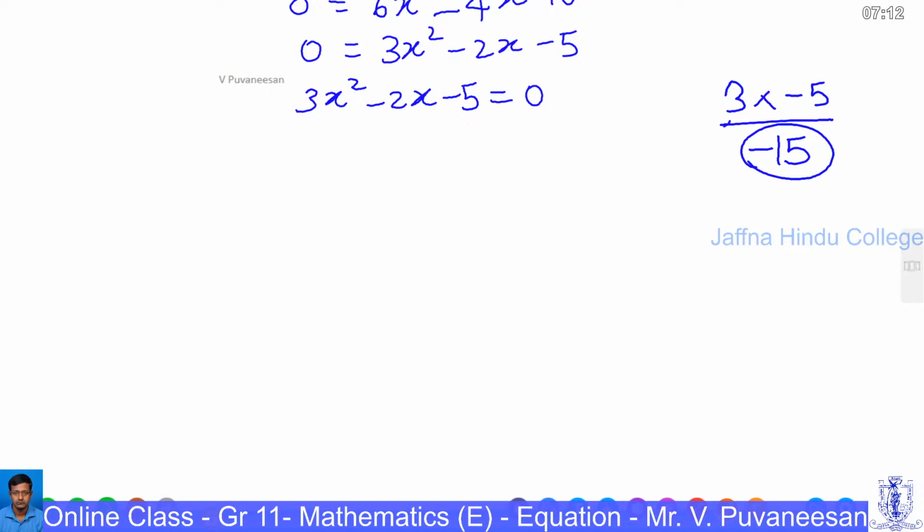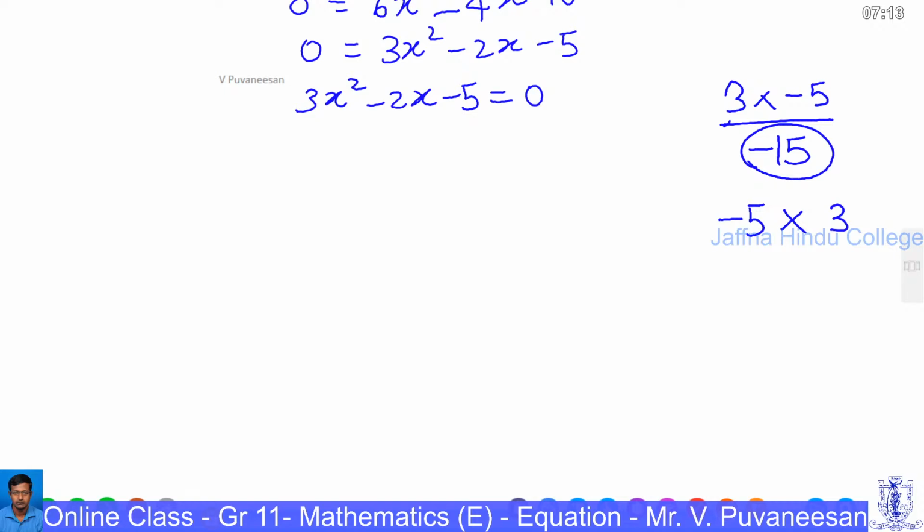If we find the factors of minus 15, minus 5 and 3 are suitable for us. You already know how to find the suitable factors, so I don't tell about that.